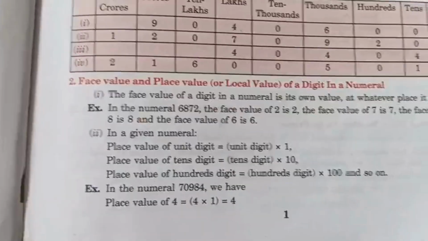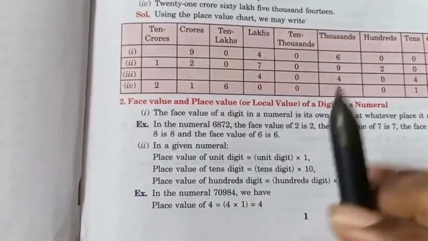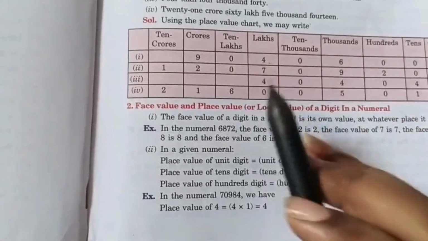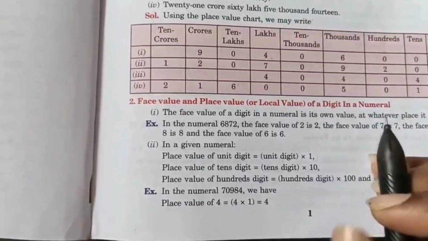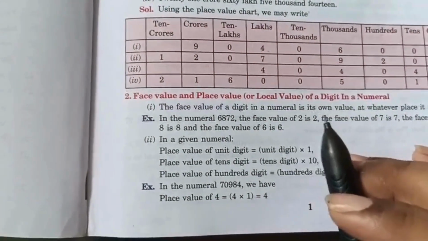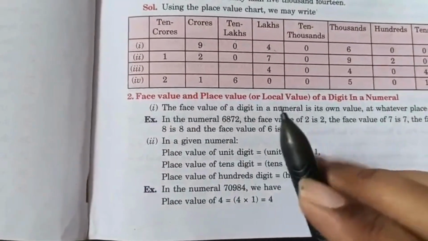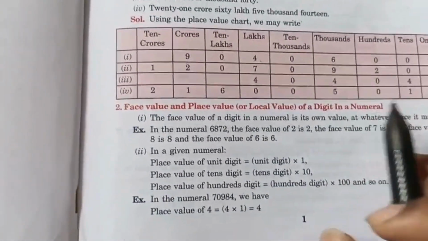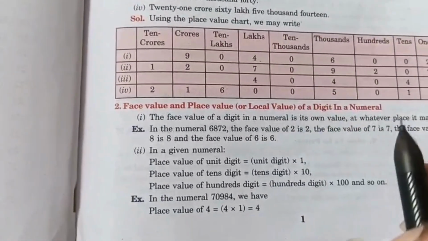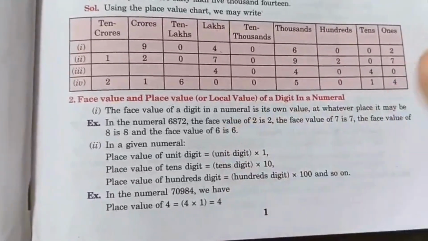For example, the digit 4 in the ones place has place value 4 into 1, which is equal to 4. If the digit were in the tens place, its place value would be the digit into 10, and if in the thousands place, the digit into 1000, and so on. So face value never changes, but place value changes according to the position of the digit.